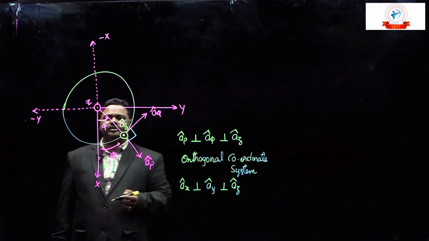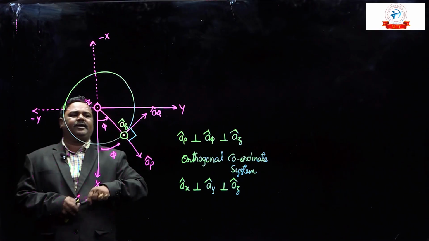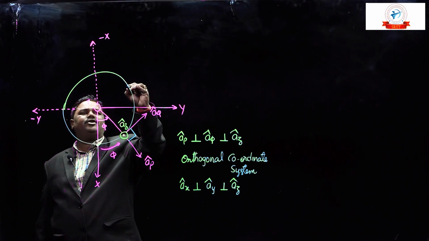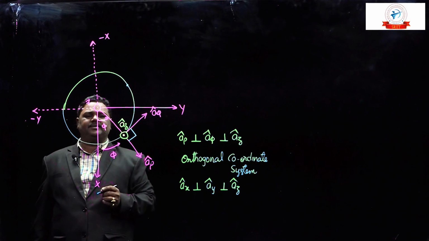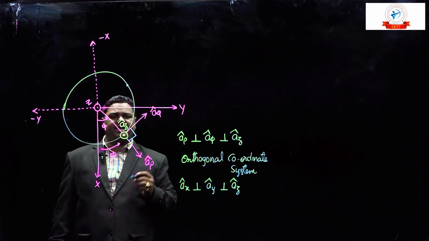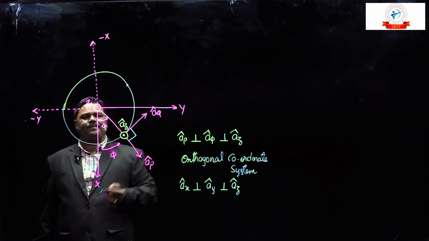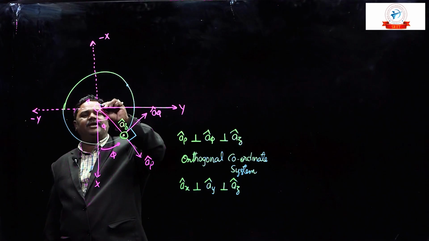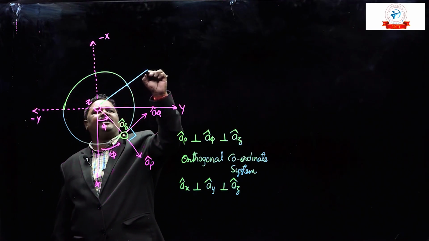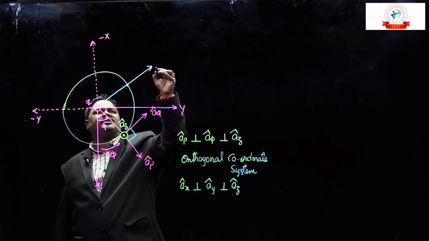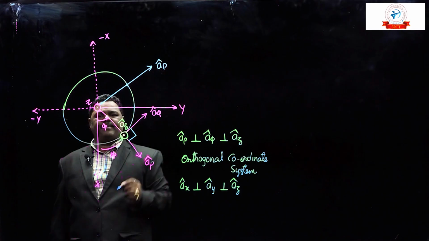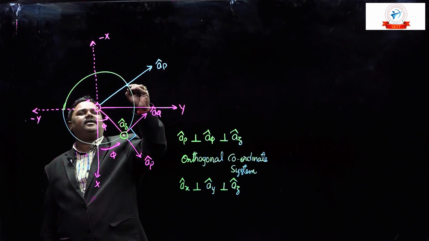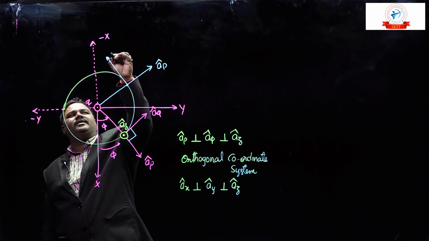Similarly, can you try to write the unit vector directions at this point? What are the unit vector directions? aρ cap, aφ cap and az cap. If you want aρ cap, draw a direction radially away from the z-axis. This is the aρ cap direction. Draw the tangent for increasing phi.